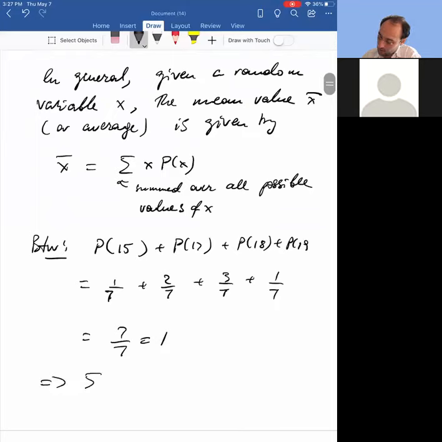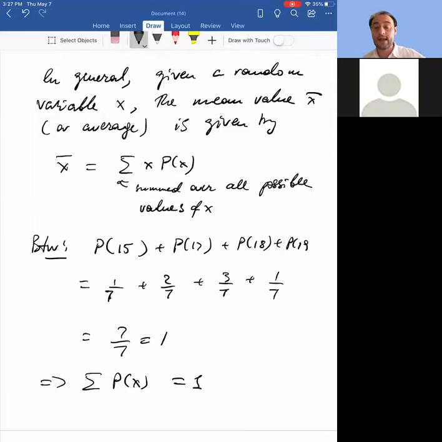The sum of probabilities always adds up to 1. Physically, this means that there's a probability that the person that you select is 15, a probability that 17, a probability that they're 18, a probability that they're 19, but the probability that there will be a person is 100%.